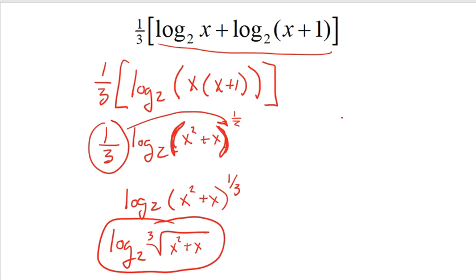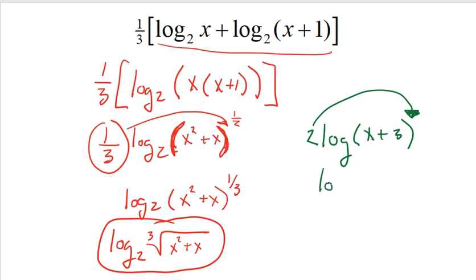I will say there's one thing I want to point out here. A lot of times students will do this. Let's say there's a 2 in front of a log and they have an x plus 3 inside. That 2, using the power rule, comes out on top of all of it. Some kids will put it on the x and put it on the 3 and say x squared plus 9. Please do not do that. It's x plus 3 all squared. That square goes to everything that was in that log.